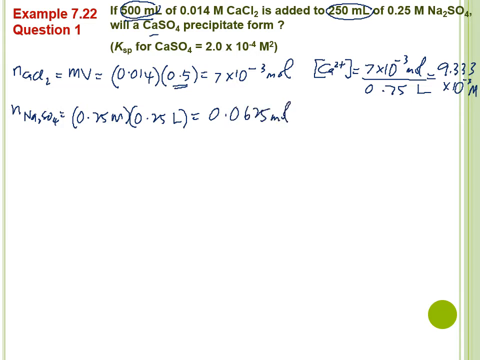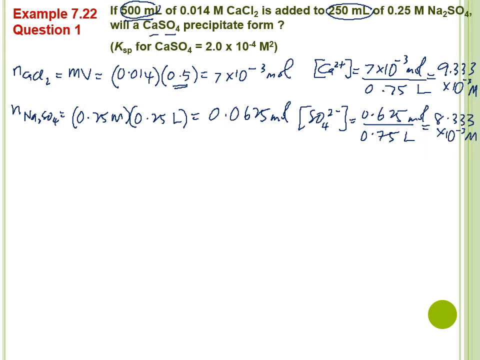Now the concentration of sulfate, that's the one that we are dealing with, is 0.0625 moles divided by 0.75 liters again, and we're going to get 8.333 times 10 to the power of negative 3 molar. So we got the concentration of each ion for the salt that we are going to predict whether it can precipitate or not. So let's do the balanced equation of calcium sulfate solid.